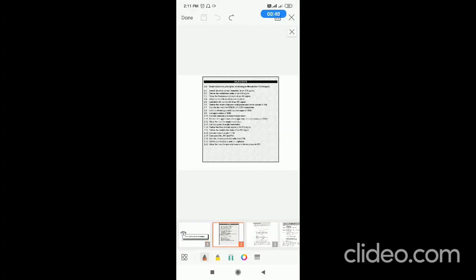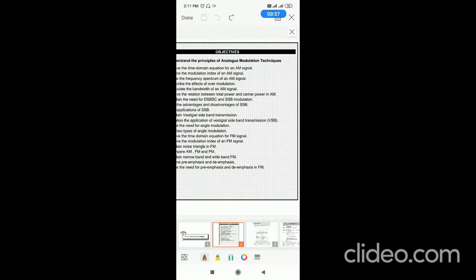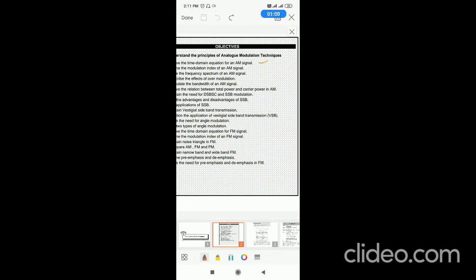In that we covered the time domain equation of AM signal, modulation index of AM signal, frequency spectrum of AM signal, effects of overmodulation, bandwidth of AM signal, and power relation of AM signal. What is the total power, what is the sideband power, what is the carrier power? The next topic is need of DSB-SC and SSB modulation.